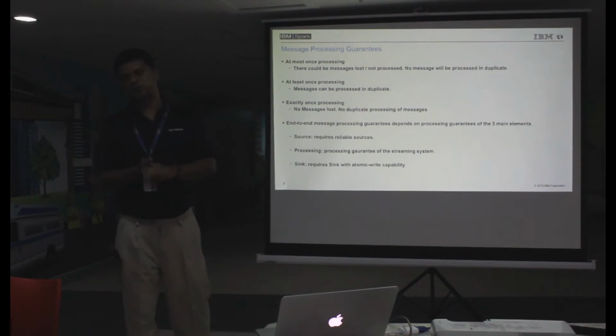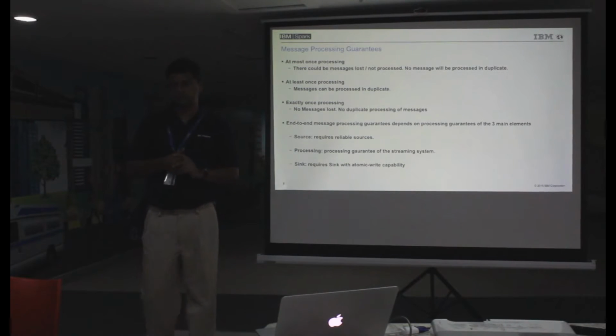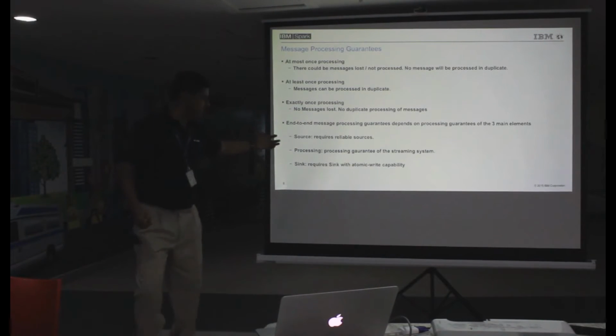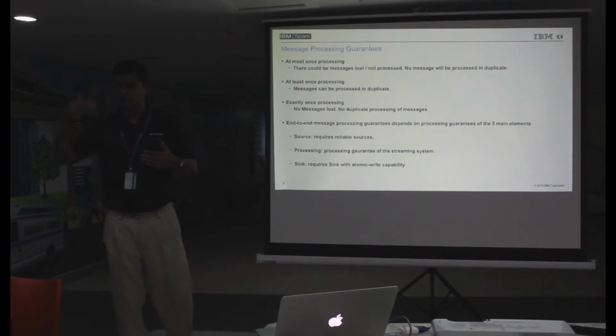So what they really do is put a message queue in front. The reliable source here doesn't mean the transport layer is reliable. It means the ability to acknowledge back to the source that I received a message. Normally you can say, I acknowledge I received this data. Or even in the worst case, you can go back and say, give me back data from a particular point.